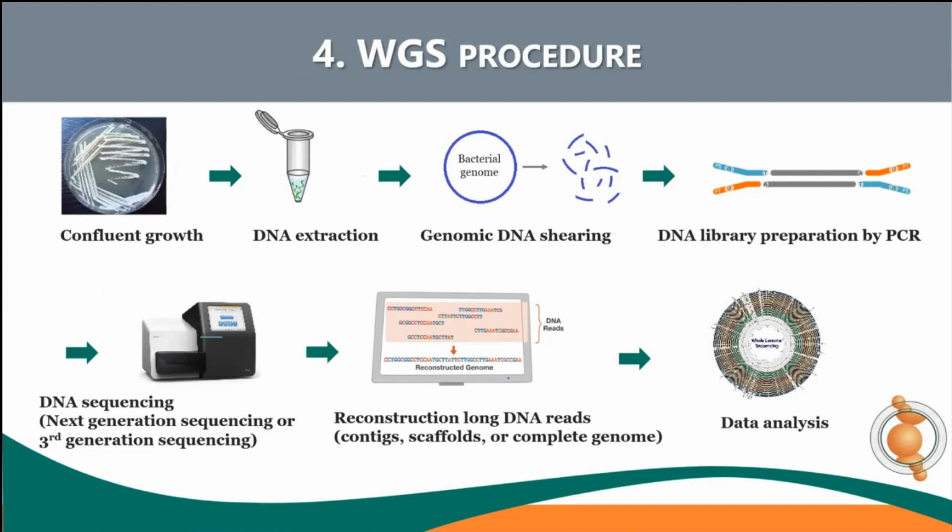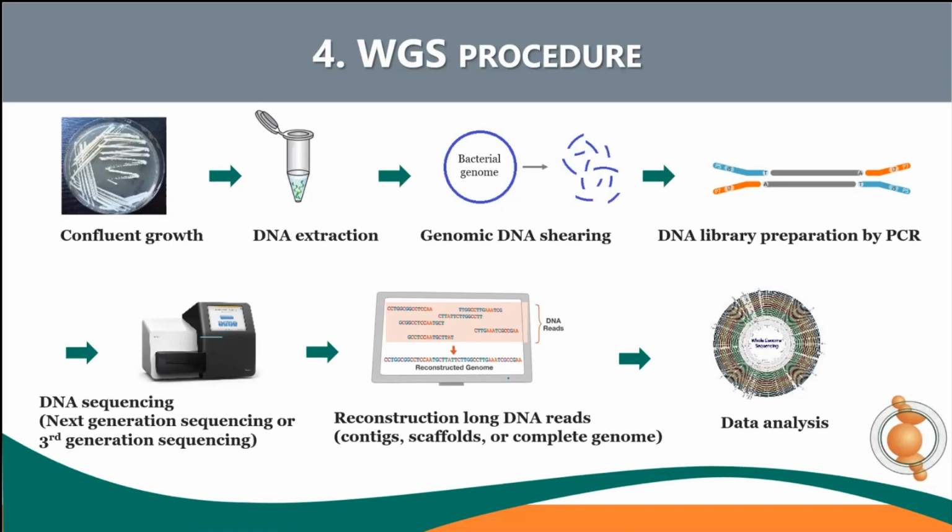DNA fragments from each isolate will have unique molecular tags so that we can combine the DNA fragments from multiple isolates into one pool for sequencing. So in other words, we can sequence the entire genomes from multiple isolates by whole genome sequencing. Well, that saves FDA a lot of time and effort for large-scale investigation.